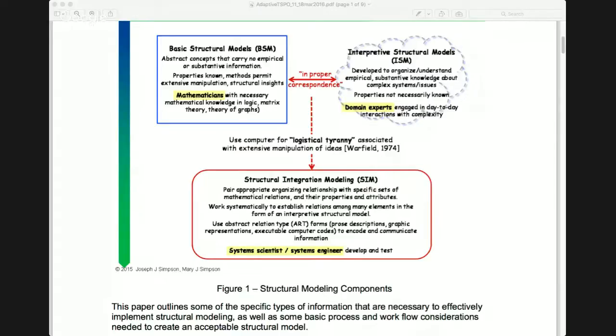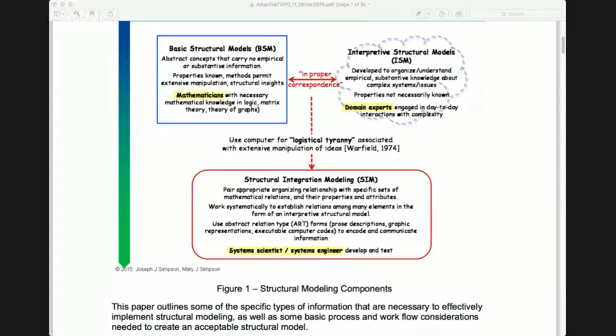And you need to place those in proper correspondence. So we use computers to do the work to place these in proper correspondence. We named this area structural integration modeling, where the goal is to properly align the resources from the basic structural modeling to the problems that we find in the interpretive structural modeling arena.